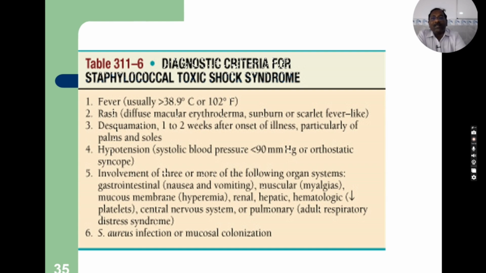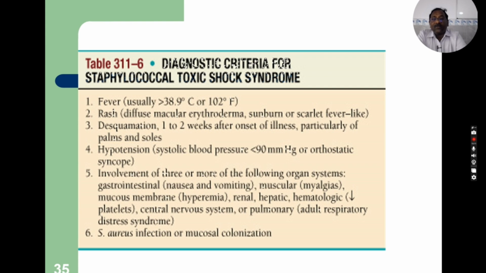Fever usually more than 38.9 degrees, rash usually after 48 hours, a diffuse macular erythroderma, desquamation 1 to 2 weeks after the onset of illness, particularly the palms and soles, hypotension, systolic less than 90, involvement of 3 or more of the following organ systems: gastrointestinal, so nausea, vomiting, muscular, myalgias, mucous membranes, hyperemia, renal, azotemia, hepatic, maybe jaundice, hematological, either neutropenia, leukocytosis, or thrombocytopenia, the CNS, maybe meningitis, or pulmonary, like adult respiratory distress syndrome, ARDS.